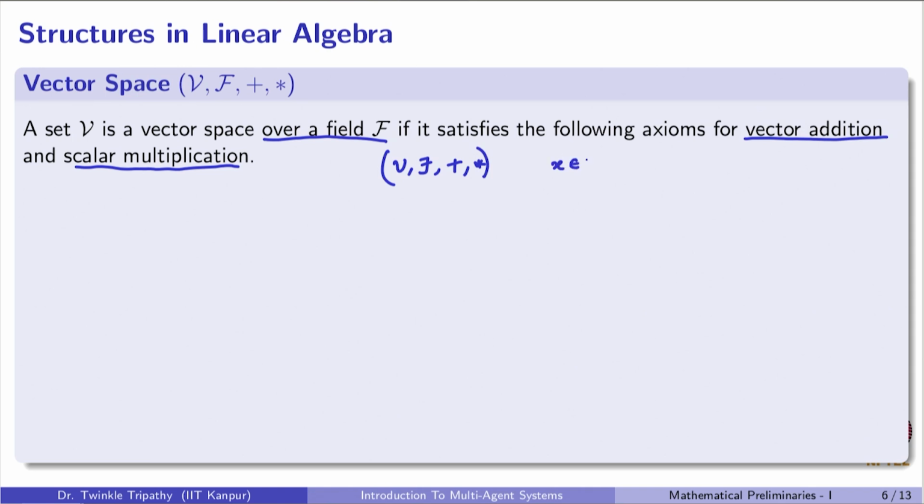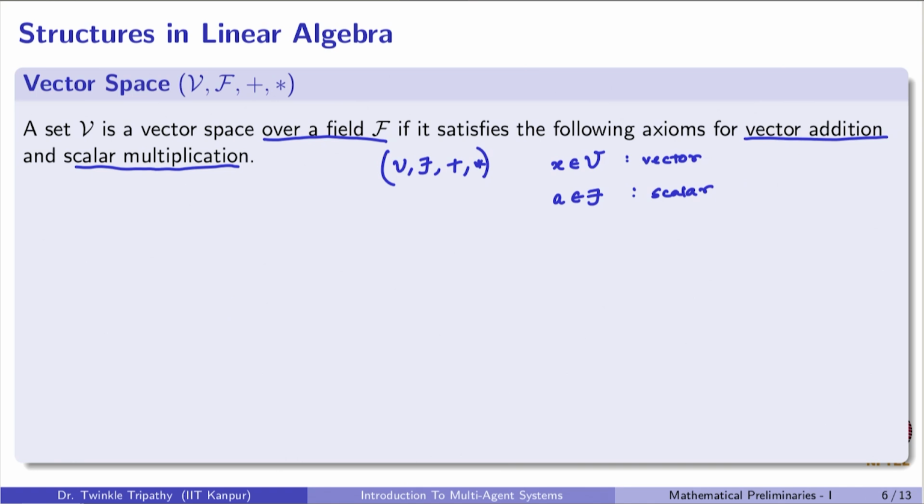Any element which belongs to V, the vector space, is a vector. Any element which belongs to my field is a scalar. So, this is a terminology that we will keep using throughout the next few lectures and perhaps even later in the course.